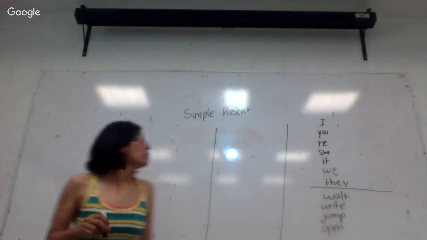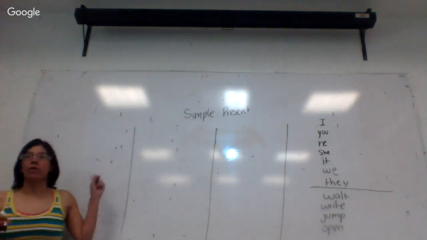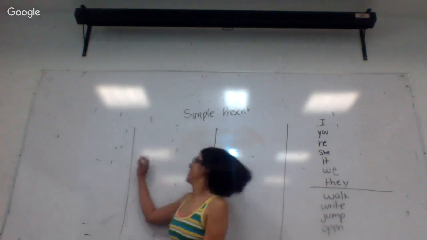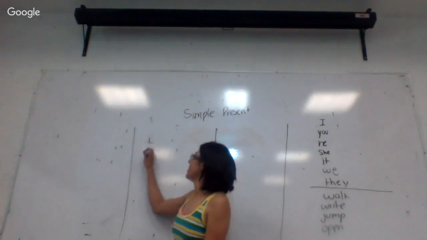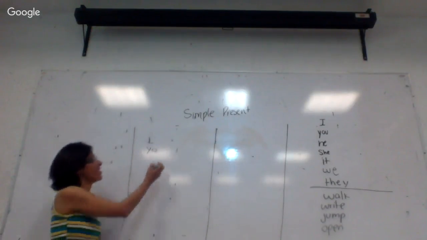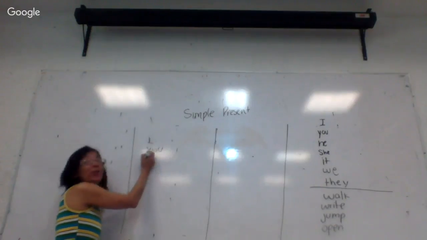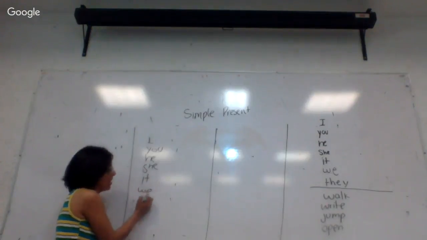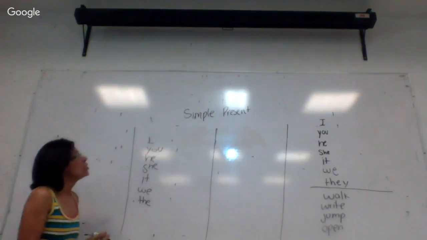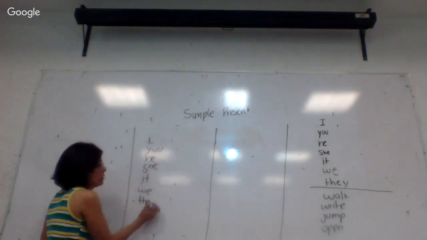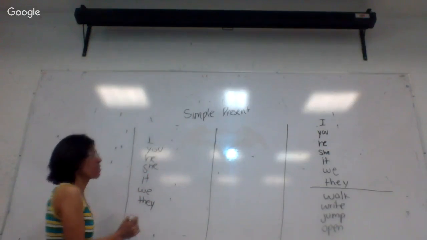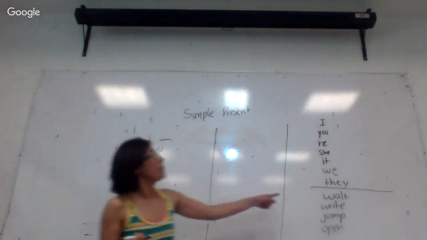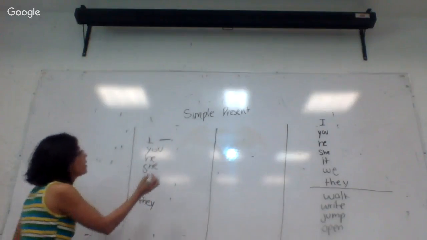Okay, so for the simple present, we said that we're going to write first the pronoun, then the verb. Yes? Okay, it's I, you, he, she, it, we, they. Pay attention here. Okay. I walk.